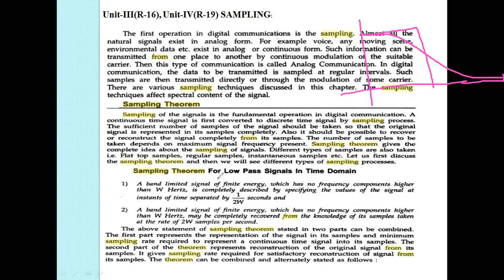Okay. The sampling theorem for low pass signals in the time domain. A band limited signal of finite energy which has no frequency components higher than omega hertz. The low pass filter allows only the low frequency and does not allow frequencies higher than omega hertz.